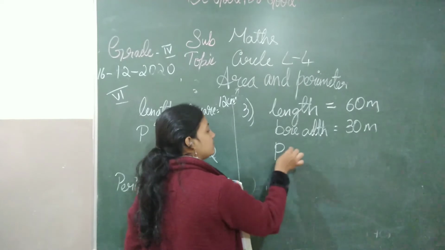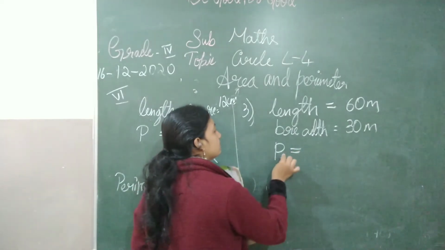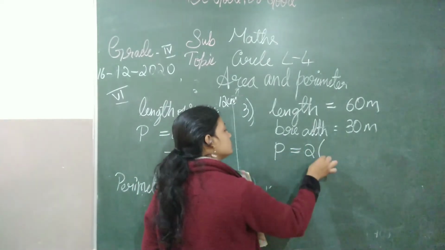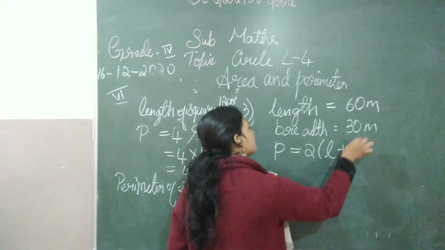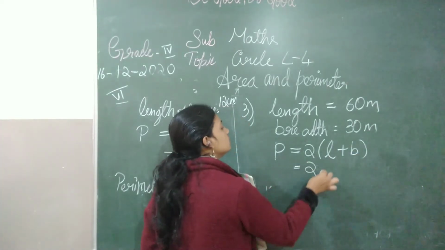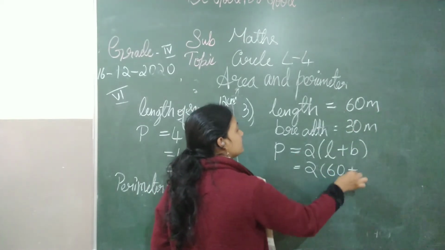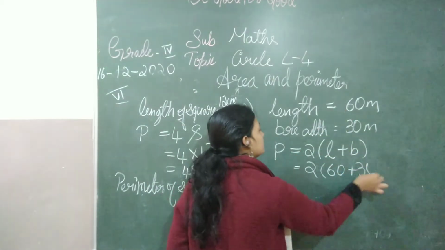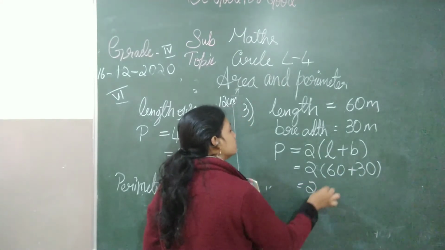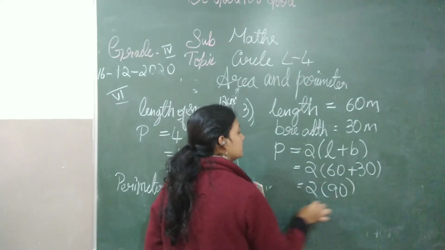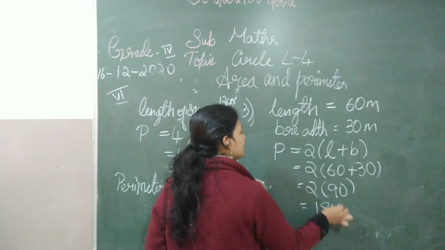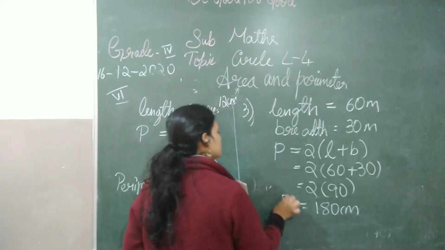So now write the perimeter of a rectangle formula. Perimeter of rectangle is 2 into L plus B, which is equal to 2 into L, length 60, plus B, breadth 30. So my answer is 2 into 90, which is equal to 180 centimeters.